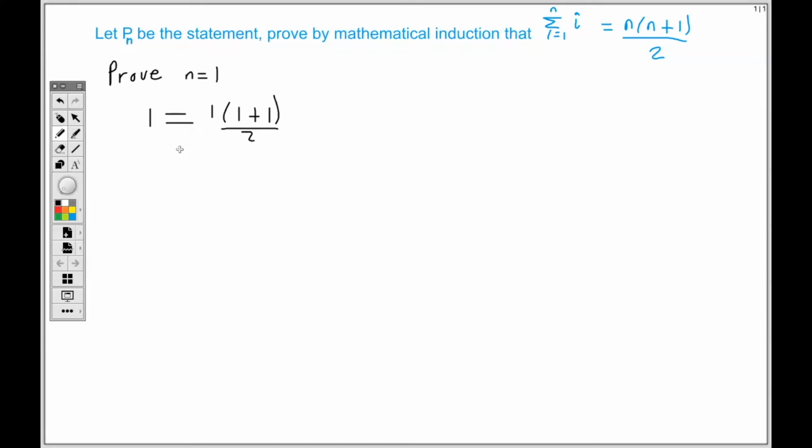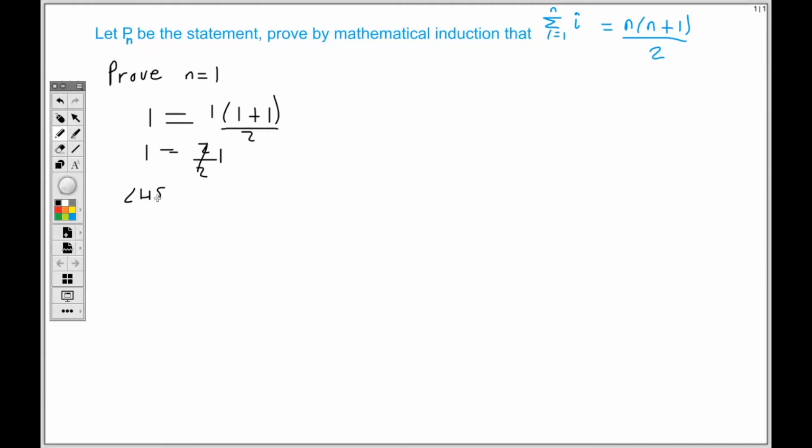Now, on the left, as I stated, the summation is from i equals 1 to 1, and i is 1, so I just replace it with 1. Simplifying the numerator on the right, I will get 2 because 1 plus 1 is 2, and 2 times 1 is 2. But 2 into 2 goes 1 time, so the left and the right are both 1.